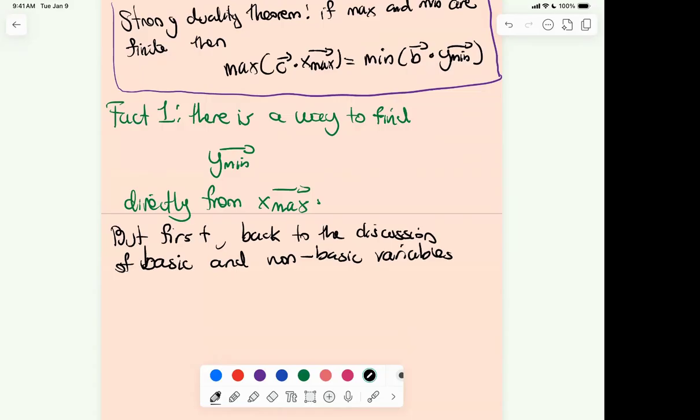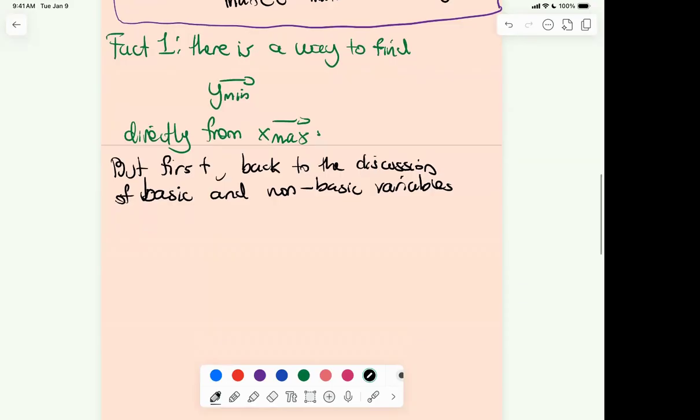So just to give you an example, this is an example we had worked on a long time ago. It's useful to think concretely with something in mind.